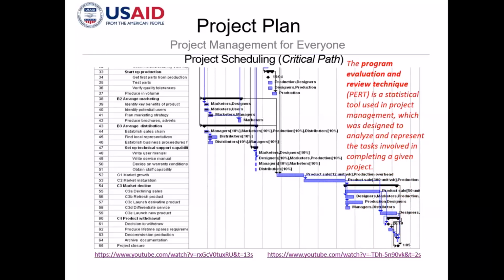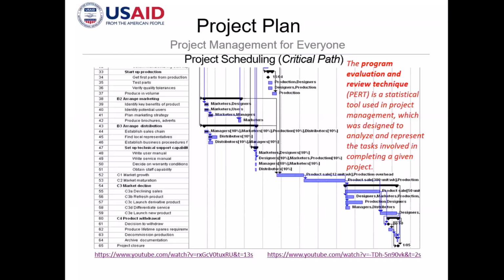the previous name of the CPM or critical path method, during the early days of project management, when there was still no formal project management concept, is what we call program evaluation and review technique, or PERT.